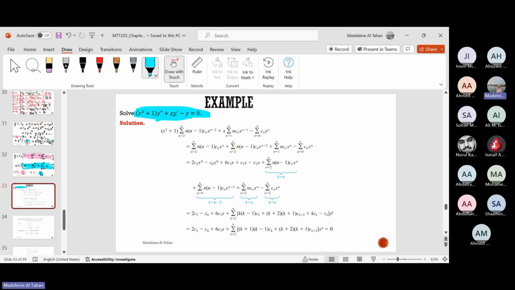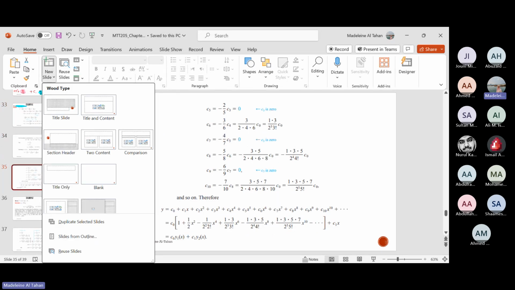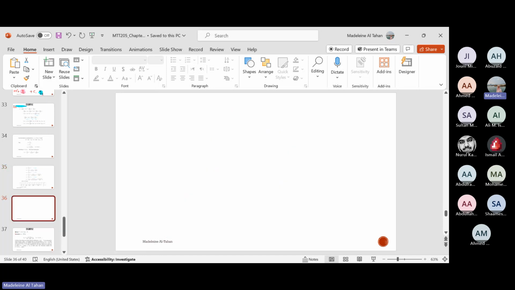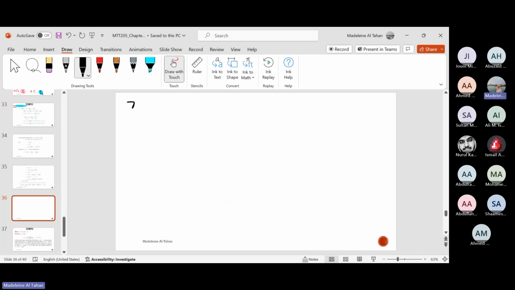So just write the differential equation in order to start, and I expect that all of us are able to write y as a series, y prime as a series, and y double prime as a series. What was the equation, miss, that we want to solve? Y double prime, x squared plus 1.